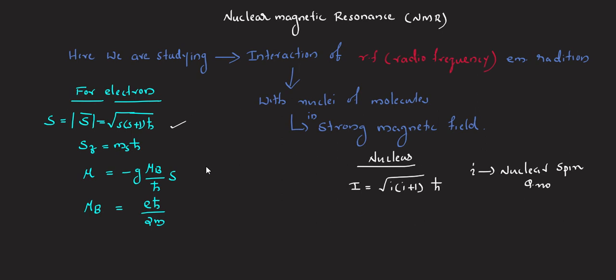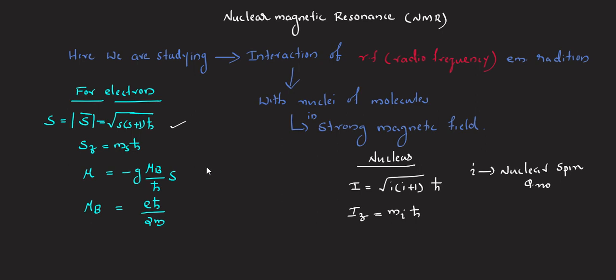Similarly, here we can define a magnetic spin quantum number associated with the nuclear spin, which quantizes the z component of I. So Iz equals mi times h bar, where mi is the magnetic quantum number associated with the spin.